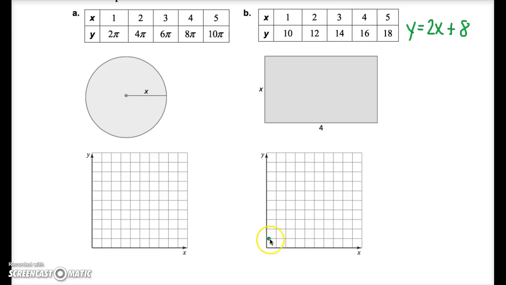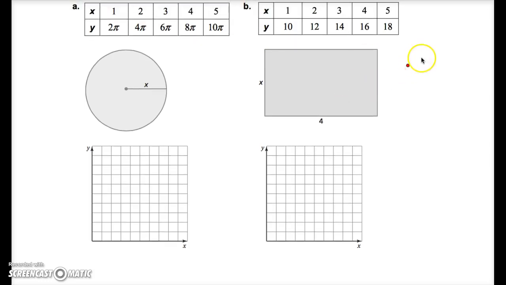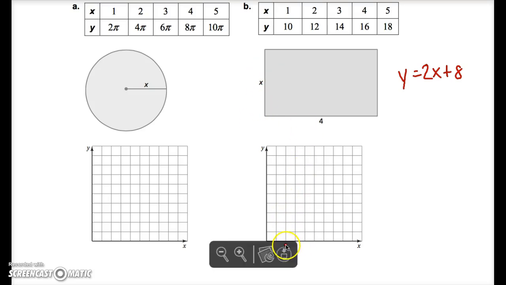So we're going to graph this. I need to put my numbers on here first. Okay, so I am going to do the same thing I did on the last one and go every other one.